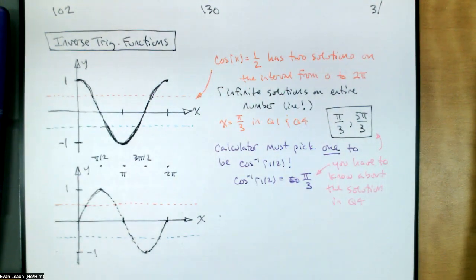Just like when we asked the calculator what the square root of 4 is, it said 2. The calculator is relying on you to know that there's another one, -2, the other square root of 4.